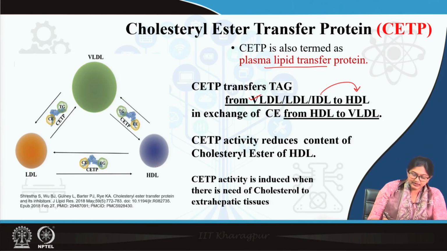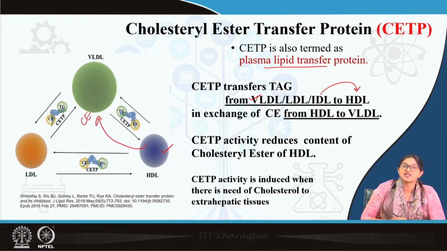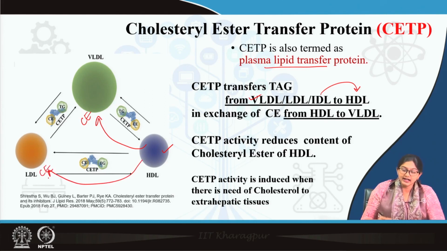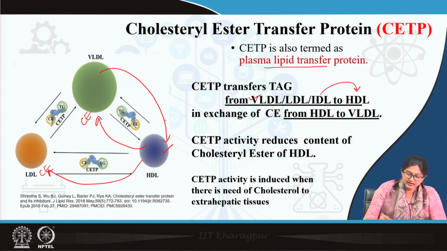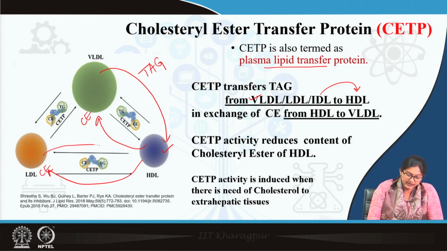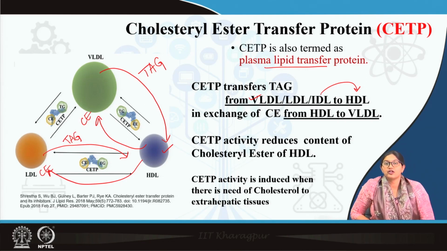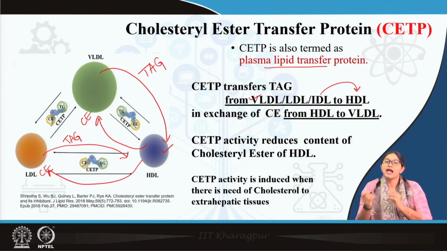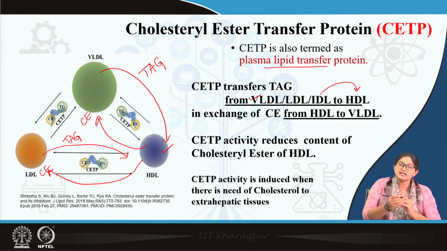So you can see from HDL there is transfer of cholesterol ester to VLDL as well as LDL, and it takes triacylglycerol from VLDL or LDL. So, this CETP is important for transfer of triacylglycerol and cholesterol between HDL and VLDL, LDL, IDL, these lipoproteins.